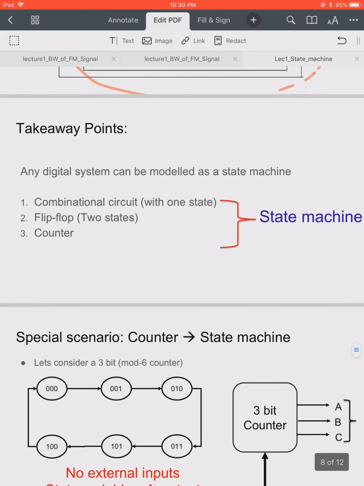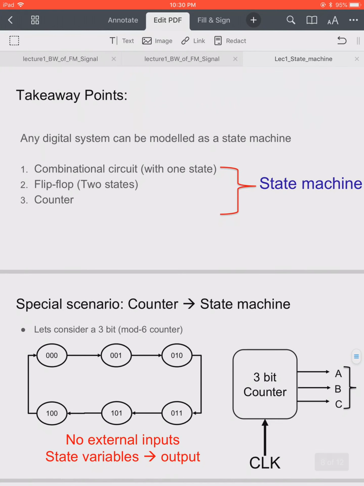Okay, so the takeaway from this discussion, and why we are discussing it, is that any digital system can be modeled as a state machine. If you take a combinational circuit, you will ask what about a combinational circuit? Yes, a combinational circuit is also a state machine. Why not?